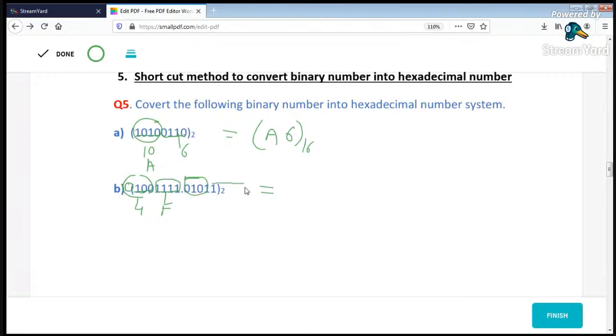After this one, this is 1 bit, so you add 3 extra zeros on the right side to make the size 4 bits. So 0101 in decimal is 5, and this 1000 is 8 in hexadecimal. So the answer will be 4F point 58. I hope the concept will be clear.